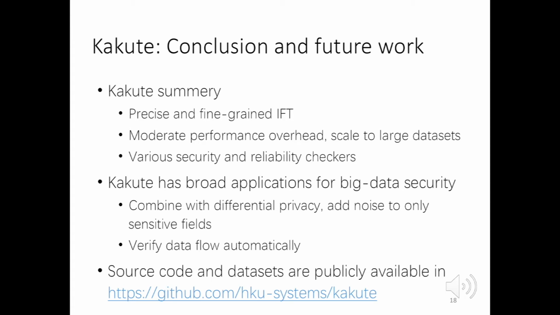How does Kakute handle aggregations of information? So let's say I concatenate strings in my Spark program. Do you mean in the reduce phase when two records are combined? You mean how to handle the propagated data flow?